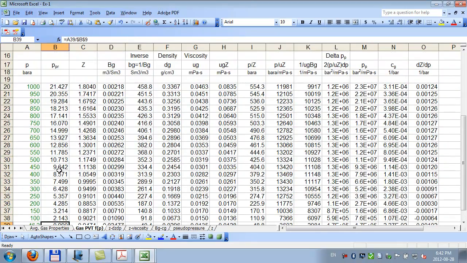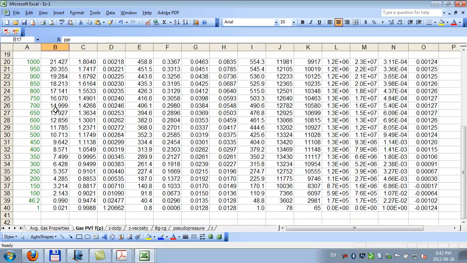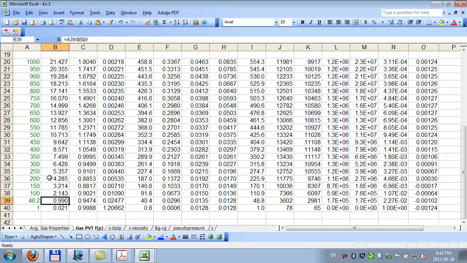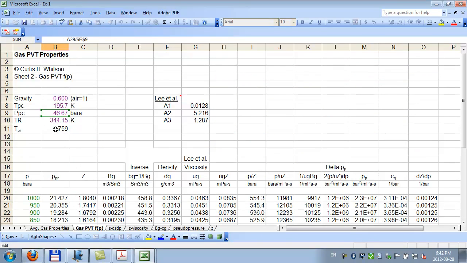This column here is pseudo reduced pressure, and that should not be 0.99. That should be something like 3.4. So I must have screwed up. Let's see here. It's A39 divided by B9. Well, B9 is that.